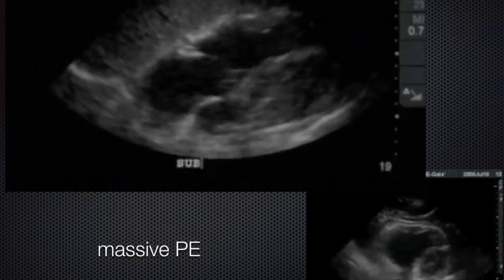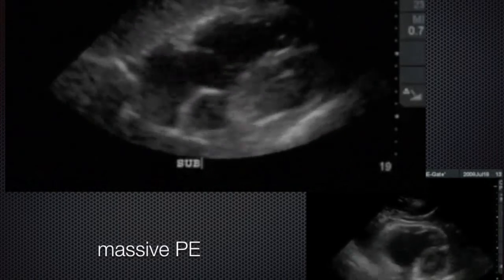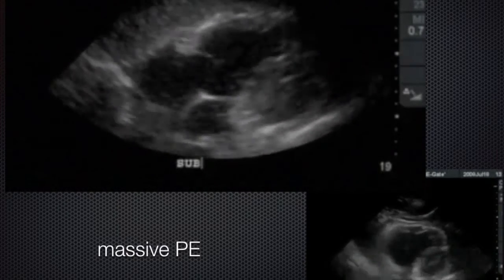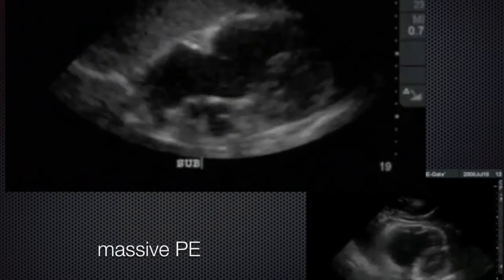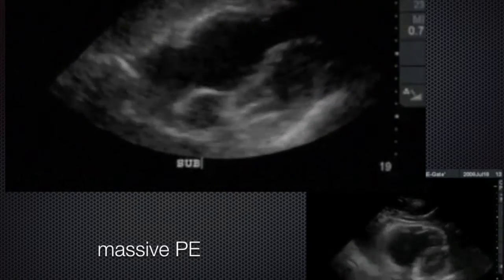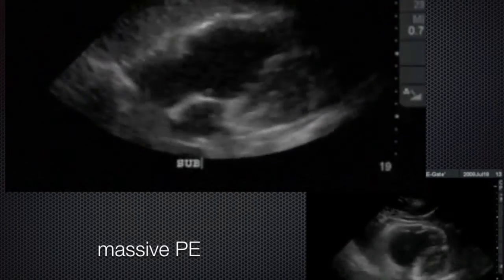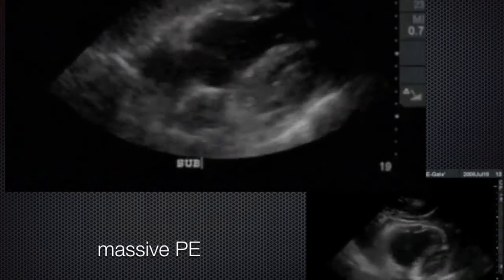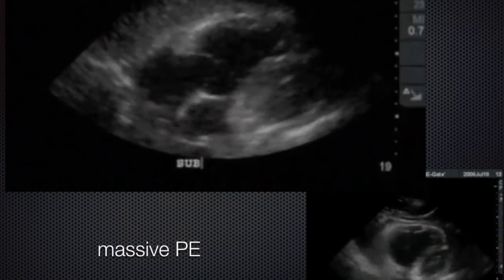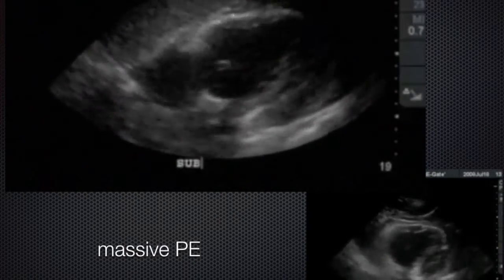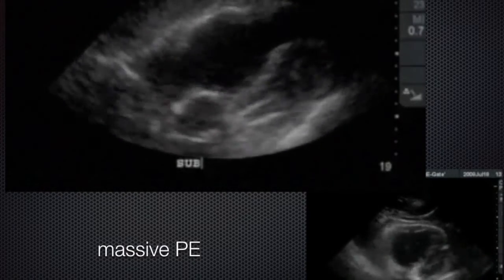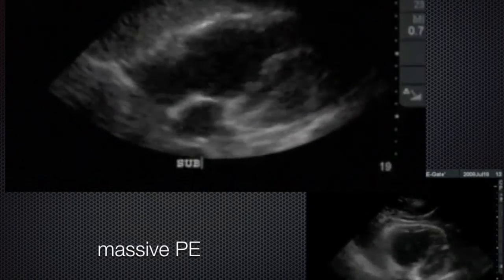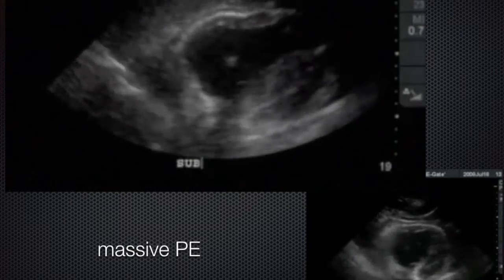When we look at the parasternal short axis view at the bottom, we can see that the round donut typical appearance of the left ventricle has in fact become squashed, and the right ventricle looks like it's massive. So normally you get this sort of appearance in certainly acute massive PEs.